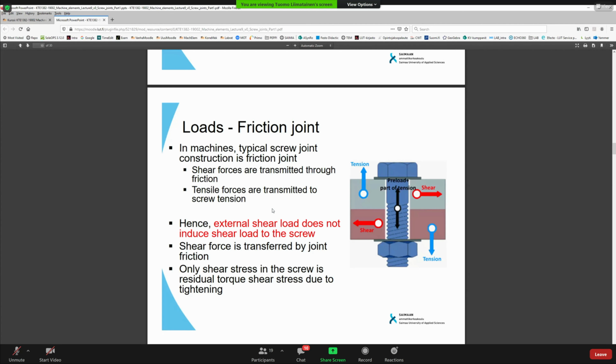And the benefit of this is, of course, that the external shear, these red arrows, doesn't induce any additional shear to the screw. So the screw is not loaded by this external shear. This external shear is carried only by the friction between the components.